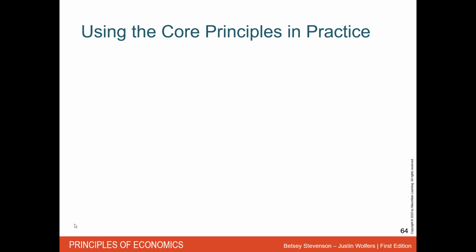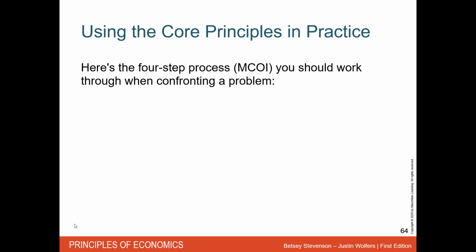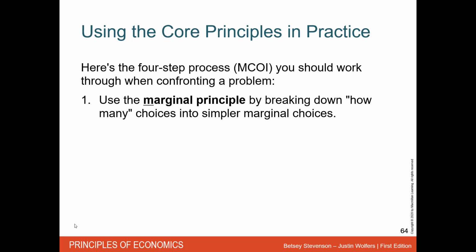Now, let's put every core principle we learned together and use it when we confront a problem. We can use an acronym to make it easier to remember. MCOI: marginal, cost-benefit, opportunity cost, and interdependence. First, you should break down your problem into smaller pieces. That's the marginal principle.